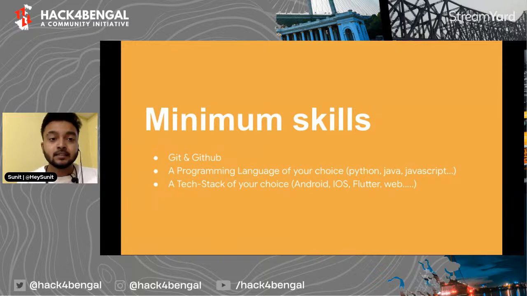So these skills are first Git and GitHub. Git and GitHub is really essential for you to learn, as this is one of the most basic things that you have to learn in software development.